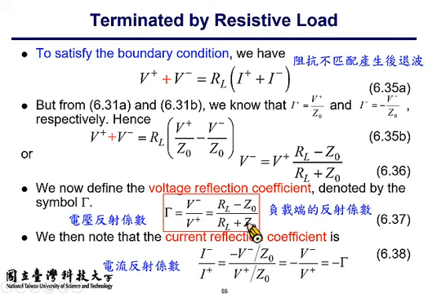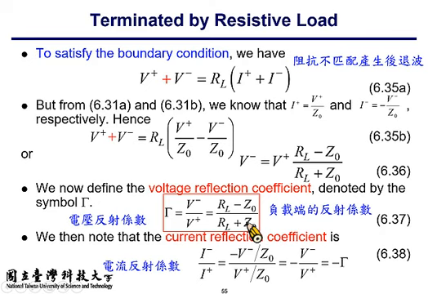What is the impedance of an open circuit? It's infinity, right? So if the termination is an open circuit, what does the reflection coefficient gamma become? RL becomes infinity, so infinity minus Z sub 0 divided by infinity plus Z sub 0, and it's 1, because you have infinity over infinity, right?